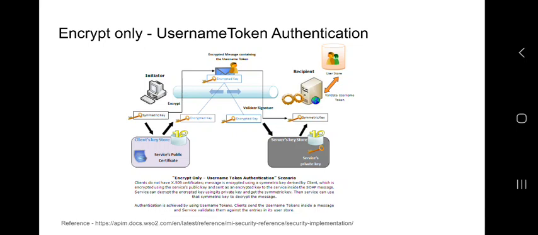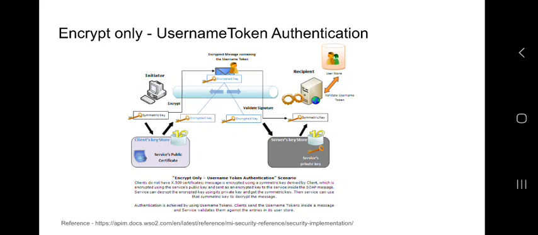It's only an encryption scenario. So you encrypt using the symmetric key, and then the symmetric key is also encrypted using the recipient's public certificate. And along with that SOAP message, just like the first scenario, you also send the username token, right?